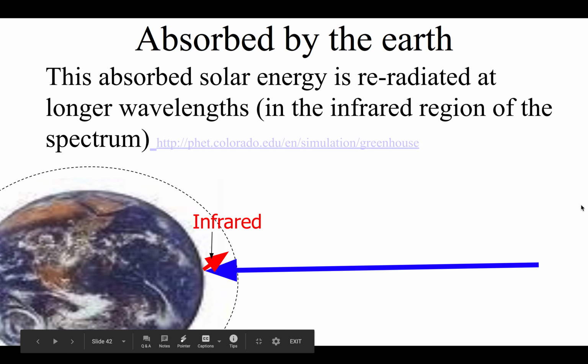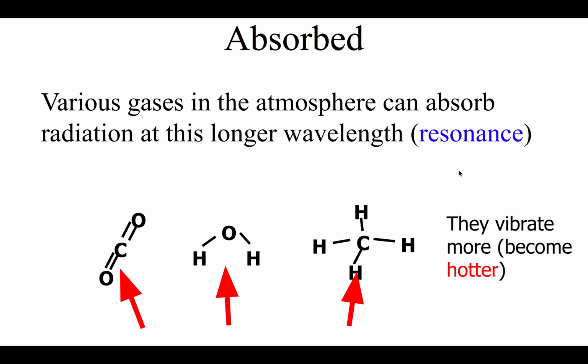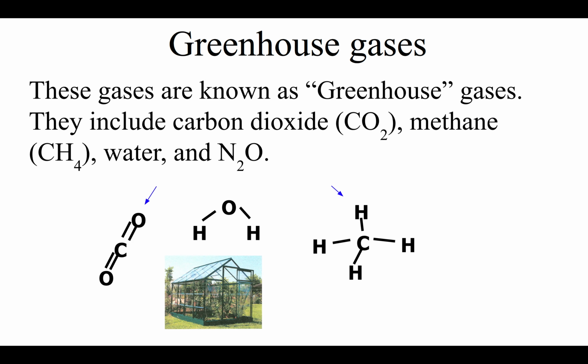So this infrared light is a little bit problematic because various gases in the atmosphere will absorb infrared radiation that they did not absorb previously. Okay, so they're going to vibrate more, and then they're going to release that radiation, as we'll see in a second.